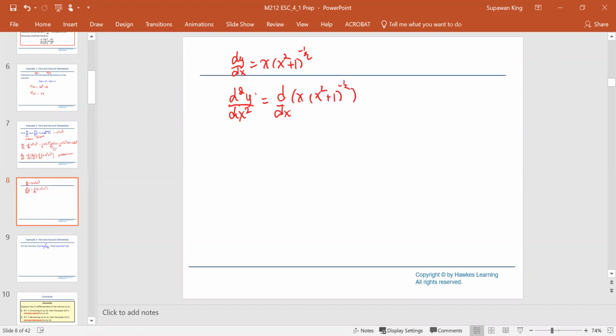Using the product rule, let's treat the first function as u and the second function as v.